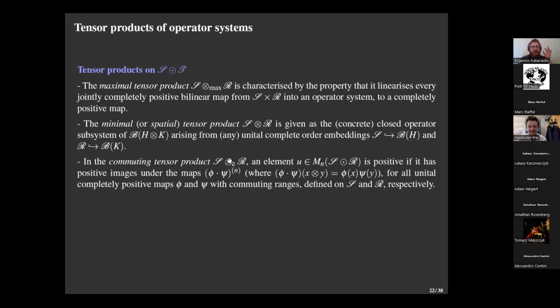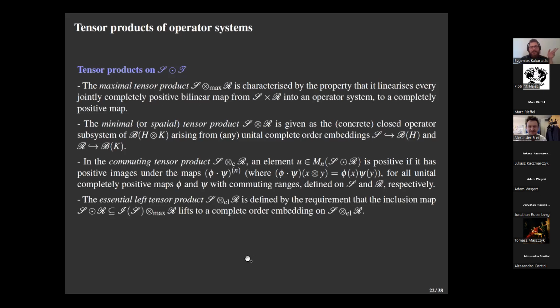An element in here is going to be positive if and only if its image under phi times psi is positive, where phi is a representation of S and psi is a representation of R in the same Hilbert space. They are both completely positive, and now we come to having commuting ranges. Okay. So far, for the maximal tensor product, I wasn't saying anything about commuting ranges.